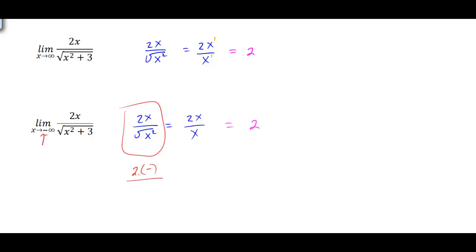And on the bottom, we would have the square root of a negative x, or we could just think of it as the square root of your negative sign squared. So what's going to happen is 2 times a negative is a negative 2 over a negative squared. That means the denominator is going to be positive. So in this case, a negative and a positive, that means here the limit is not positive 2, but it would be a negative 2.